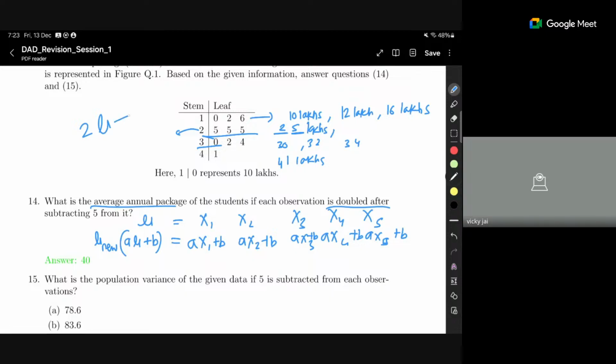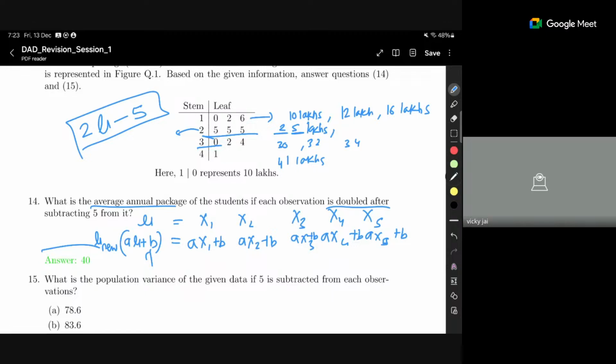Then I'll subtract 5 from them. I have written positive, but you can think that b was a negative value, right? I never said b should be positive. So like this, if I do, then I'll know the correct answer. Basically, it will come to this value.